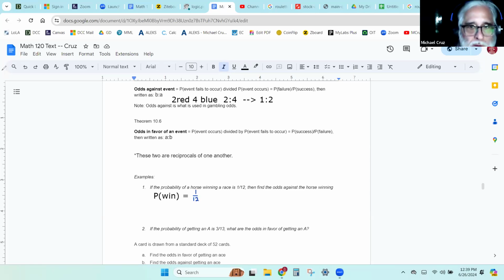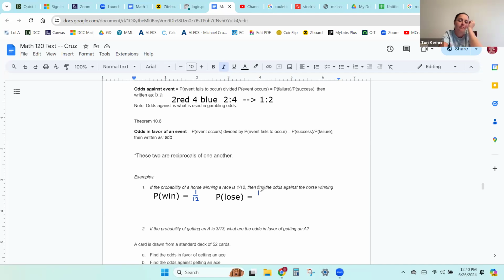All right. Now, to get the probability of losing or not winning, here's the key to doing these without having to use the complement rule, but you're still doing the same thing. 1 from 12 is what? 12 take away 1 is 11.